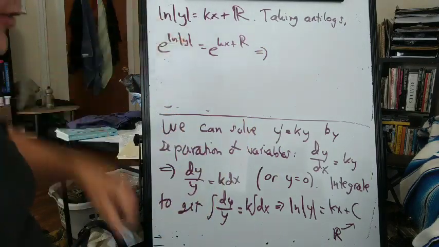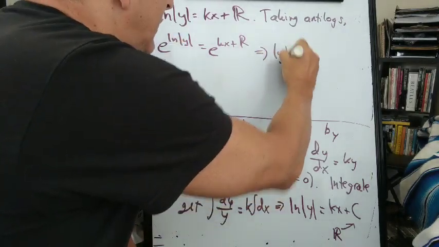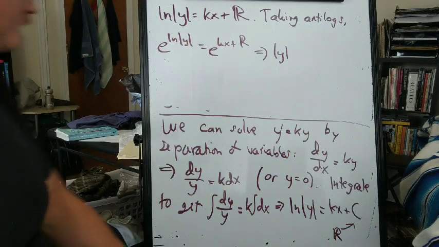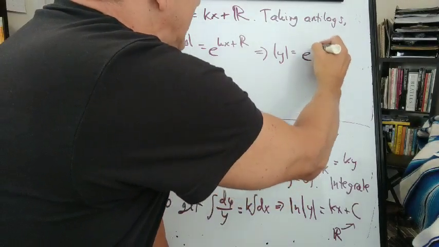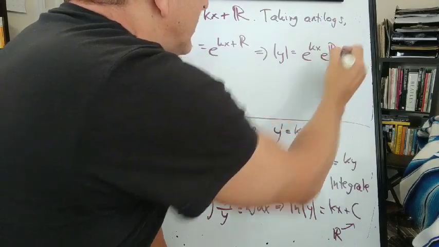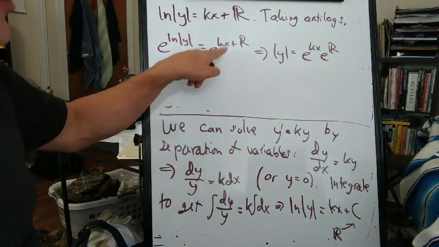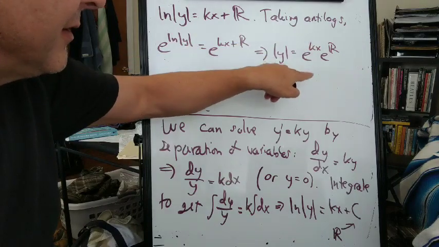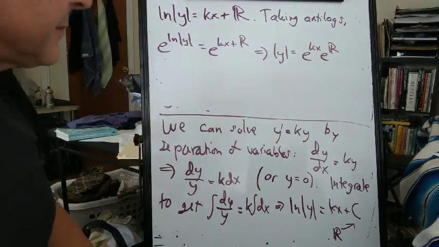E to the log of anything is just anything, so that's absolute value of y equals e to the kx, and I'm going to write this as e to the all real numbers. So e to the this plus that is e to the this times e to the that.